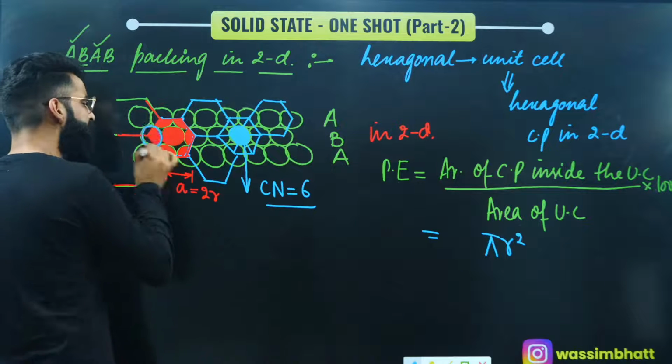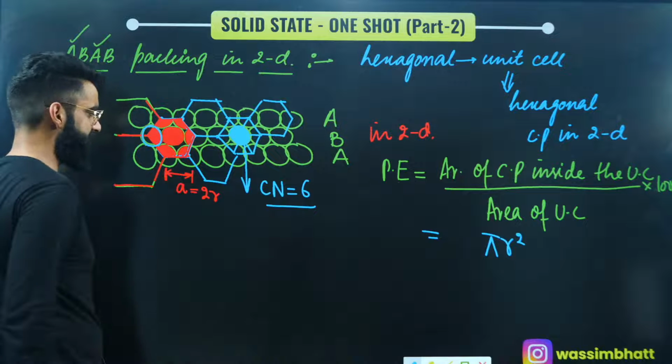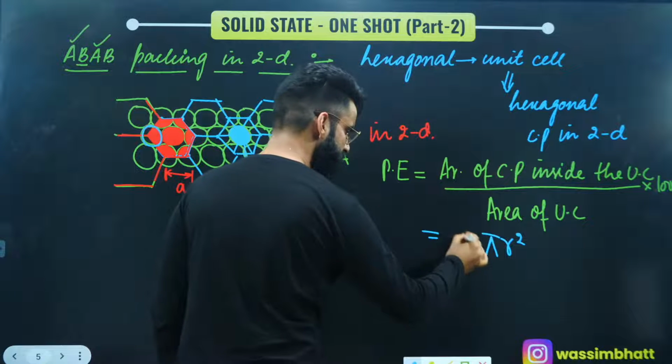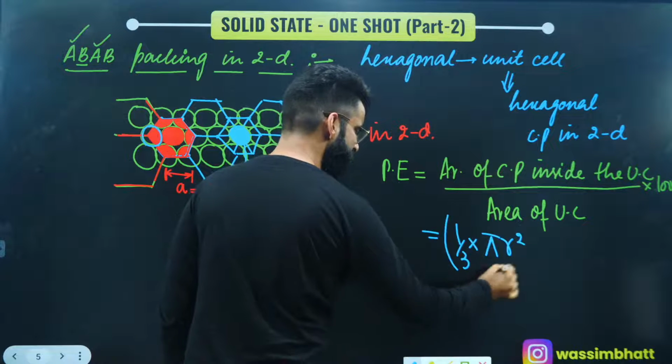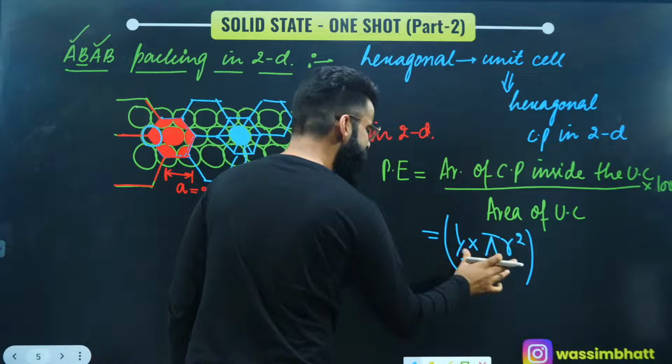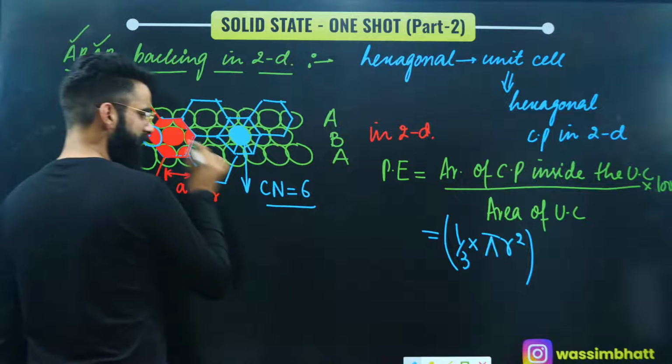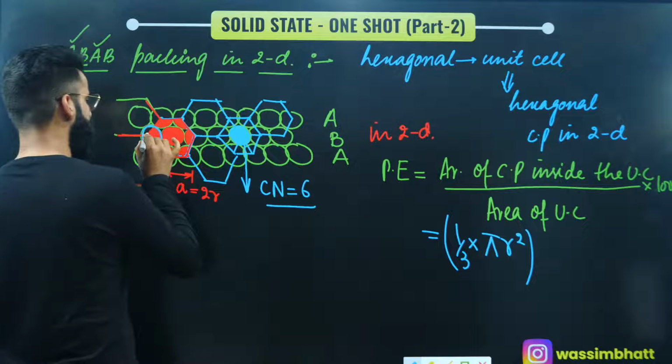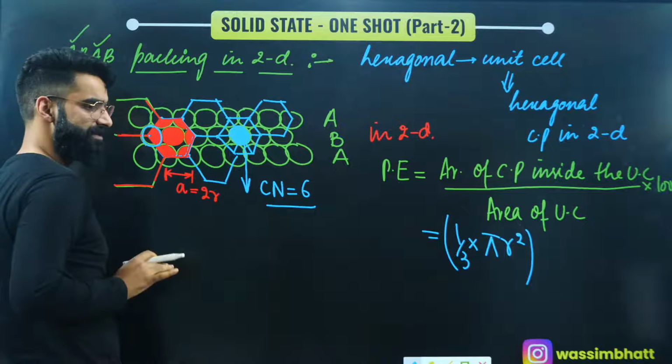But only 1/3 of this constituent particle is inside this hexagon, so I'll be multiplying this with 1/3. This term is giving me the area of the constituent particle that lies inside the hexagon.